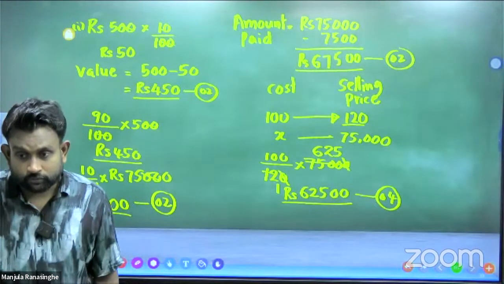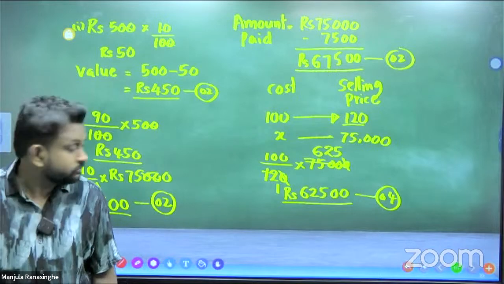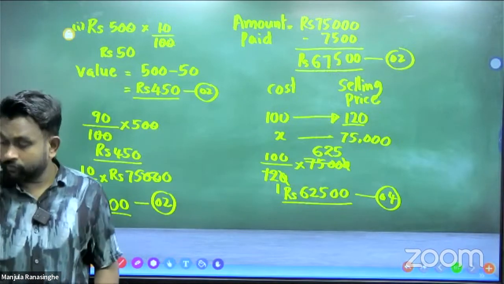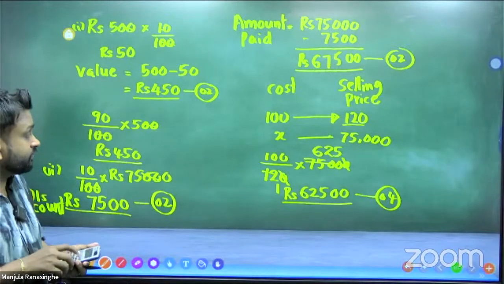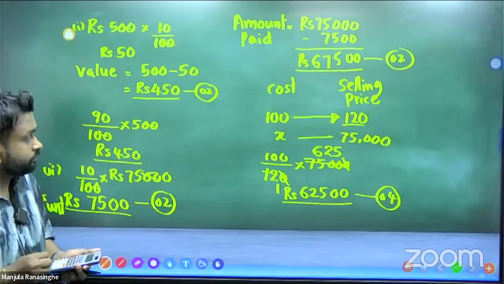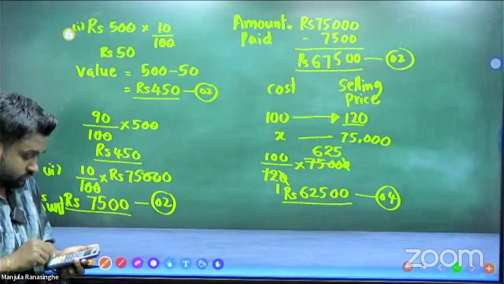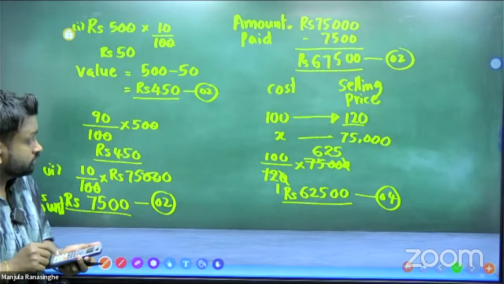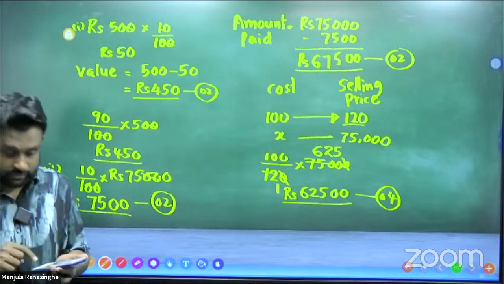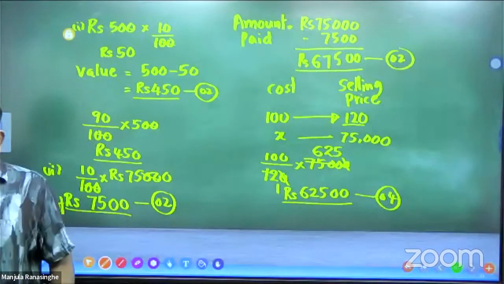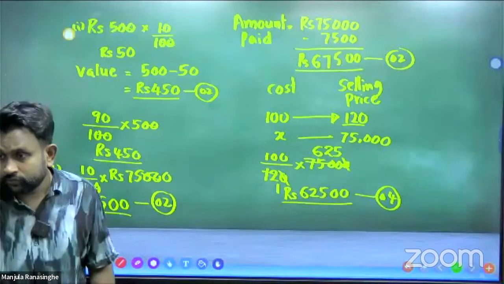So this is the way you got the answers. 60,000. Is that the answer or any different answers? Tell me the answers. Some are saying 60,000.